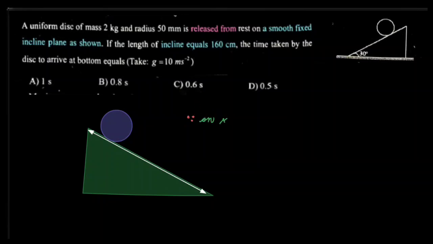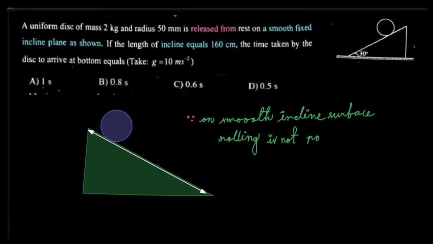Already we discussed in the previous GTM why it is not possible. So on the smooth inclined surface rolling is not possible, right?